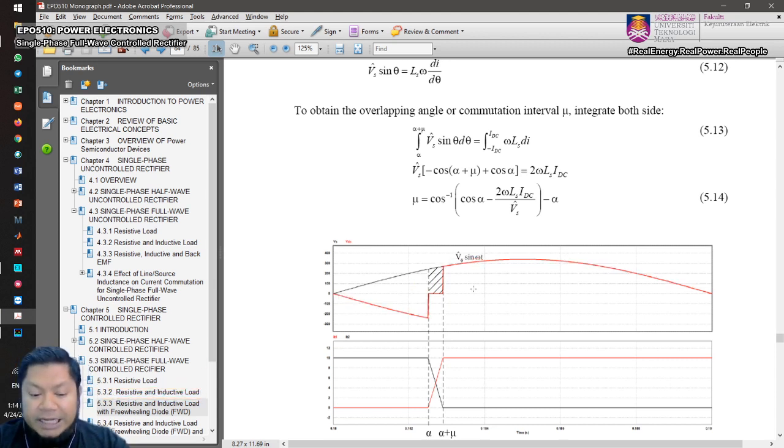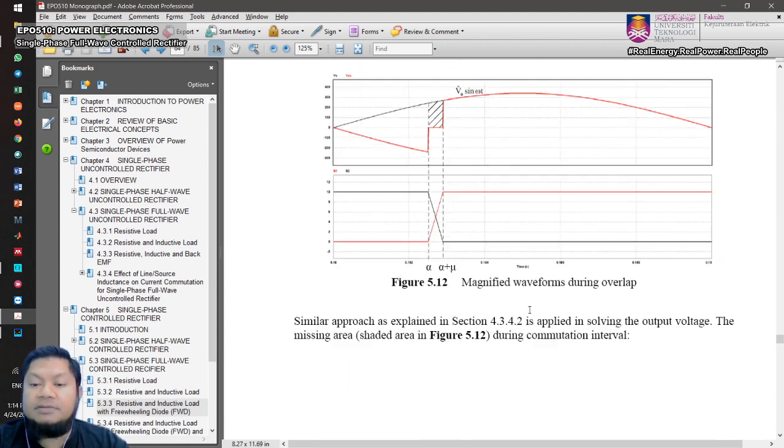Therefore you only need to find the missing area here. You need to find the average voltage drop of the missing area, and then you just subtract it from the equation that you obtained before, and that will give you the average of the output voltage with the source inductance, right?